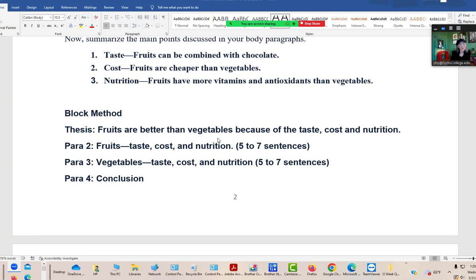And you put all of the taste, cost, and nutrition of fruits in one paragraph, and then you put vegetables' taste, cost, and nutrition in another paragraph. So this is known as the block method, and if you use the block method, you only have 4 paragraphs for your essay.